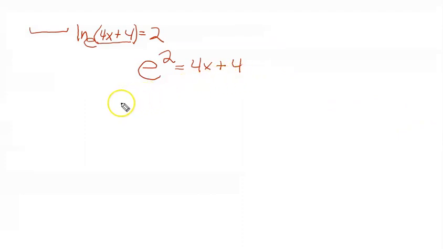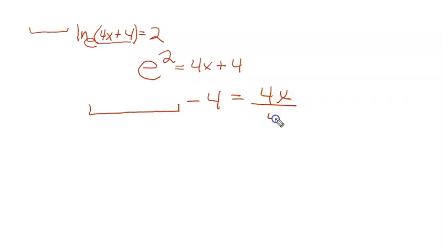And what would you do? Well, you're going to get a value for E squared on your calculator. That will go there. We're going to then transpose this positive 4 over to this side where it becomes a negative 4. And that equals 4x.